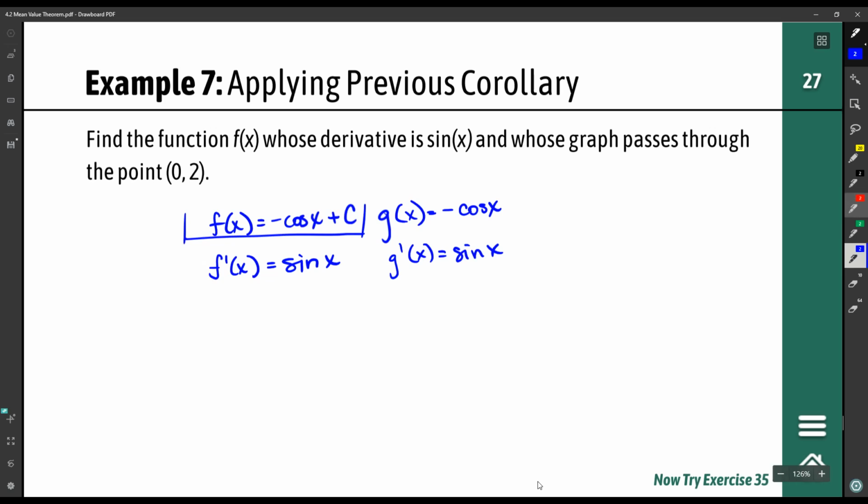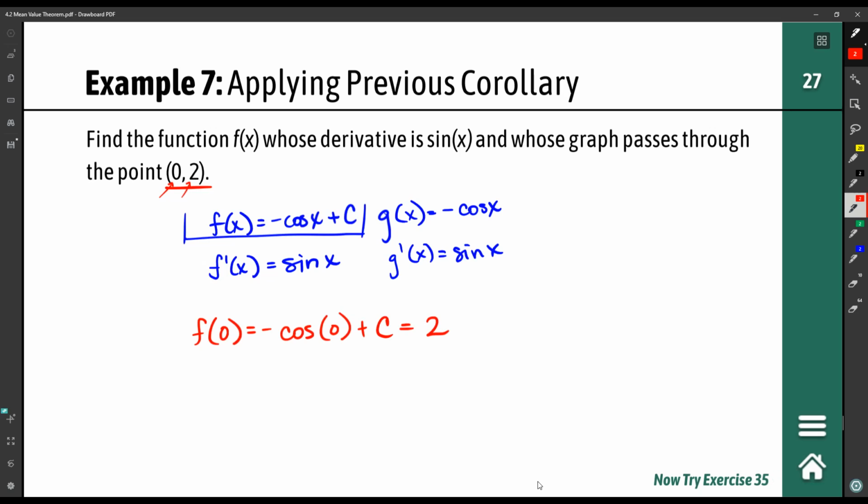But we also have been given some extra information that this graph passes through the point (0, 2). So if we plug in the x value of 0, our function should give an output of 2. So let's try that. F of 0 is negative cosine of 0 plus some constant, and then the result should be 2.